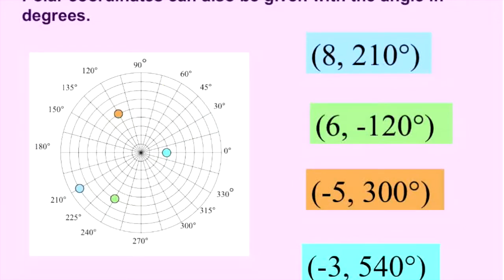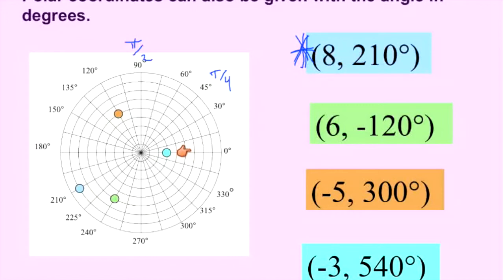One other way that we are able to represent points on a polar coordinate system is in degrees, because we know that these degrees are the same as radians. So this would be pi over 4, this is pi over 2. They're just showing you that you can do this whether you're talking in radians or in degrees. Let's start with the blue one up here: 8, 210 degrees.